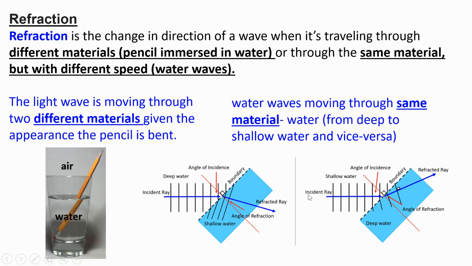The medium is the same, water, but the wave changes speed. So that's why it refracts. In this case, we have two different media, so that's why the light refracts as well. Here is light refraction, and this is water refraction.